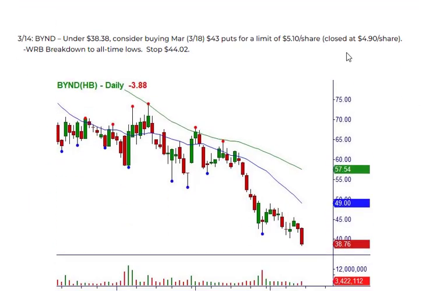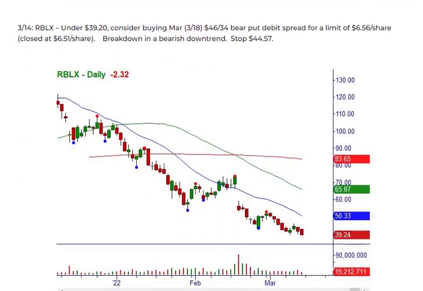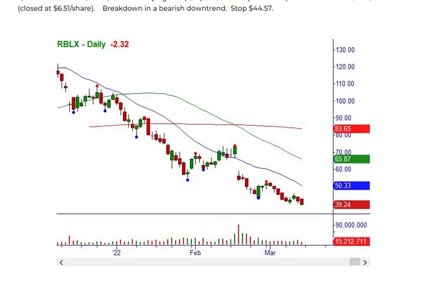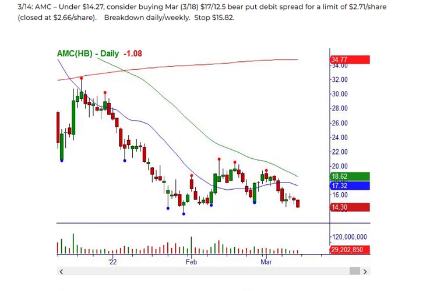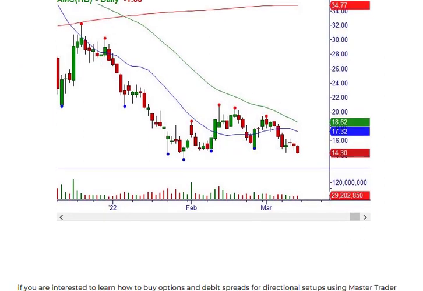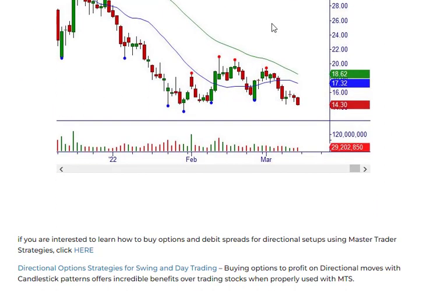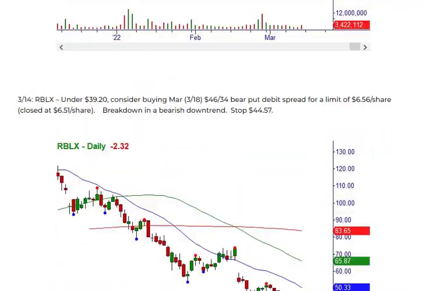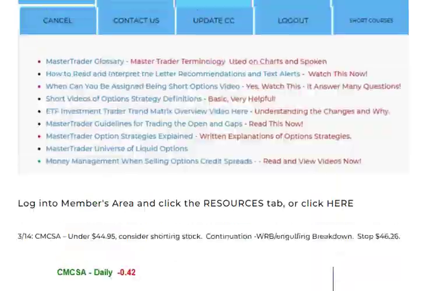Beyond Meat, we're just going to buy $43 in the money puts. RBLX, beautiful breakdown, descending triangle. This thing just looks absolutely horrible. AMC, horrible. Massive trading range in a downtrend, can't bounce. And so those were the option trades.